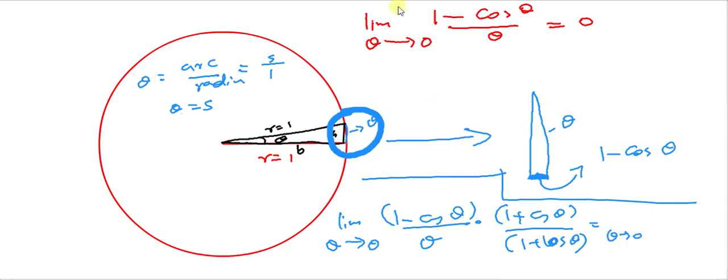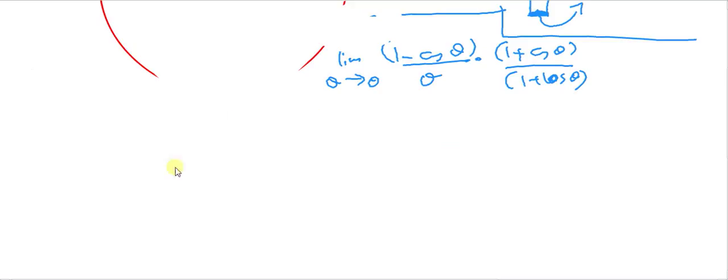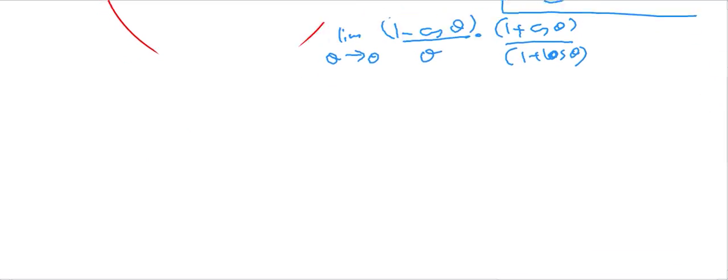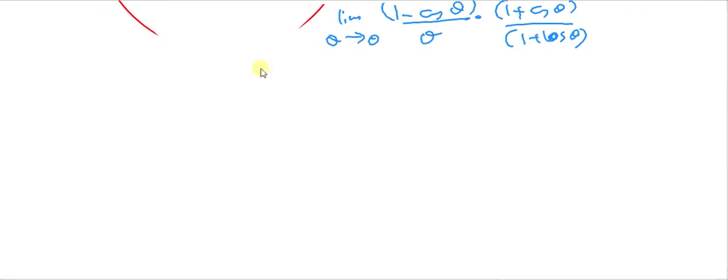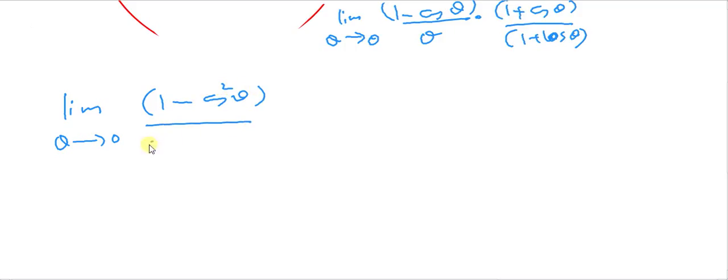Let me erase this and continue here. The limit as theta approaches 0 of 1 minus cosine theta, times 1 plus cosine theta, becomes 1 minus cosine squared theta over theta times (1 plus cosine theta).